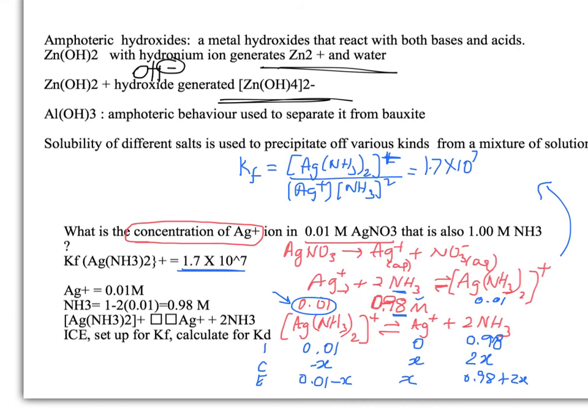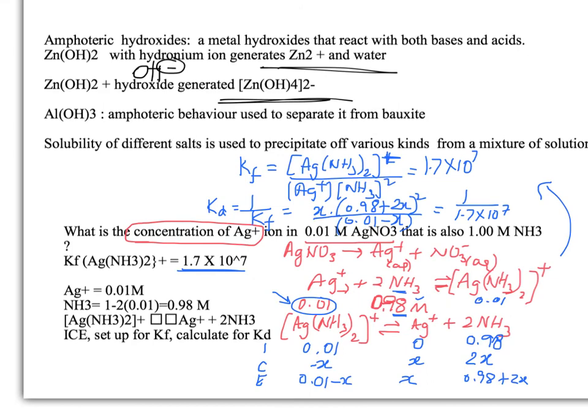Now the inverse of that is going to be KD. So KD is nothing but 1 over KF. And so you can simply set up the equilibrium as x times (0.98 plus 2x) squared divided by (0.01 minus x), and that should be equal to KD, which is 1 over 1.7 times 10 to the power of 7.